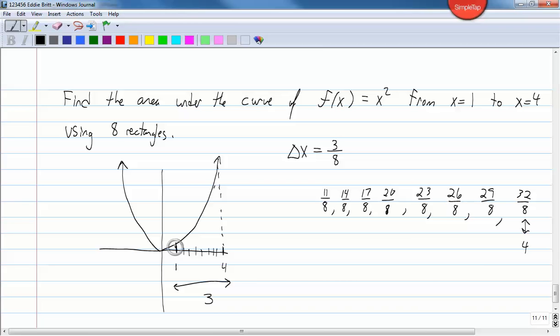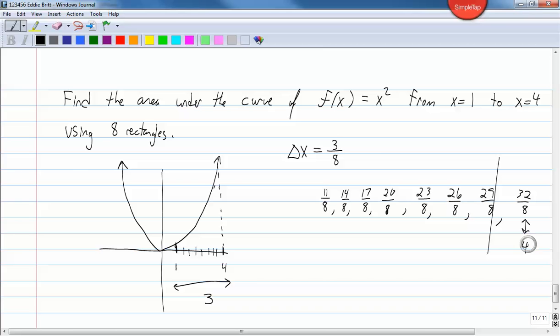Now keep in mind though, if you want to use the upper sum and the lower sum to estimate this, you want to say this width times f of 1, well, we want to start at 1, so it'll be f of 1 plus f of 11/8 plus f of 14/8 plus f of 17/8, and so on and so forth, until you get to the one before your right endpoint. Add up all of those and multiply by 3/8, and you'll have an estimated area.